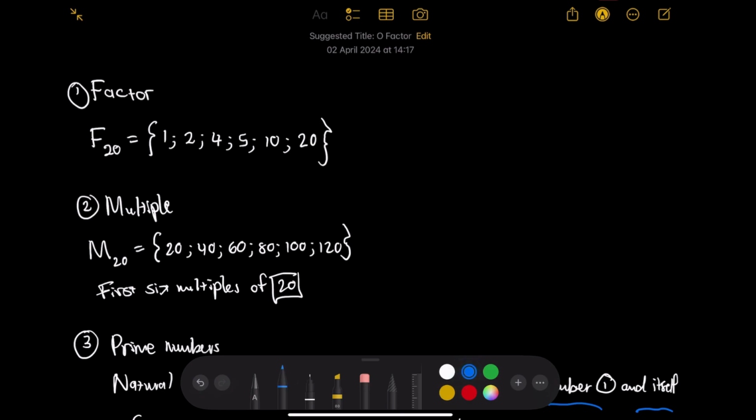Then if someone said, okay, please give me the composite factors of 20, then what would that be? Then you'd look at your list and identify, oh, okay, I know 4 is composite, 10 is composite, and 20 is composite. Then it would be 4, 10, and 20.